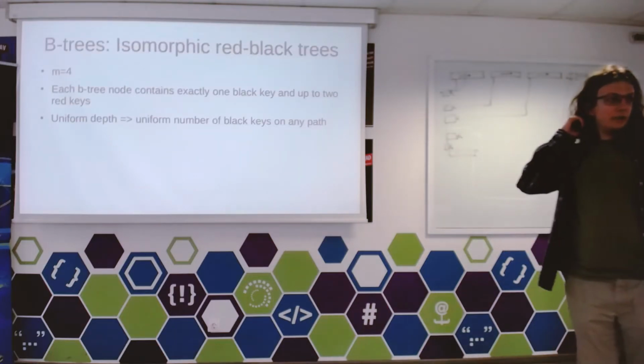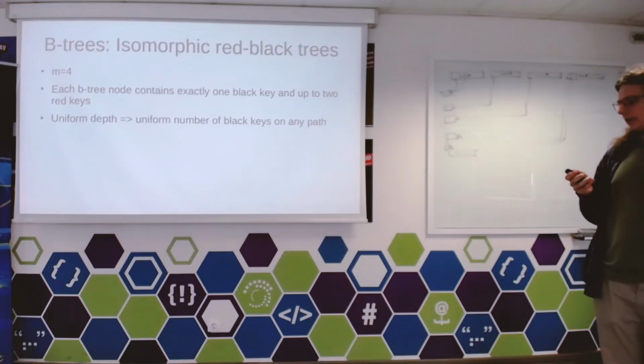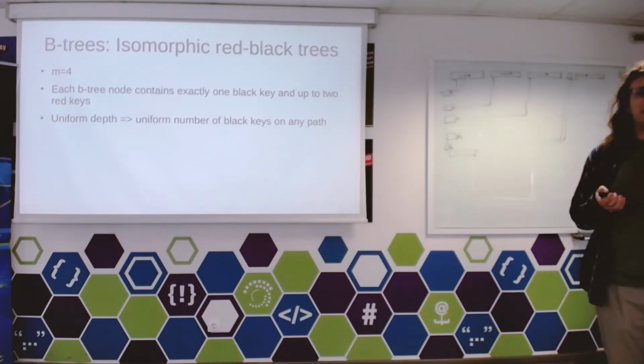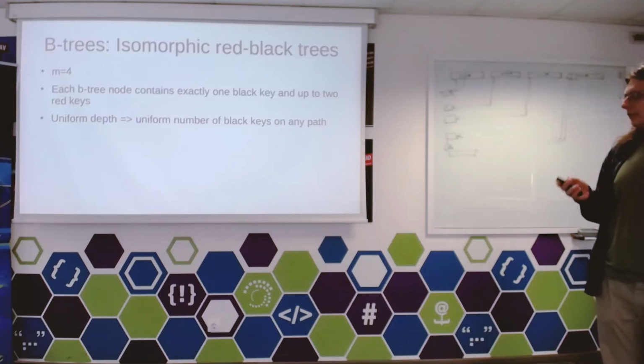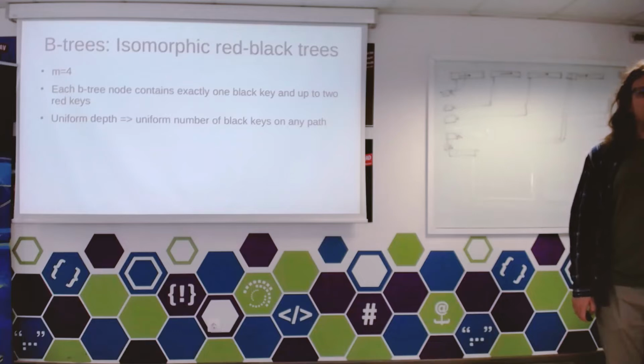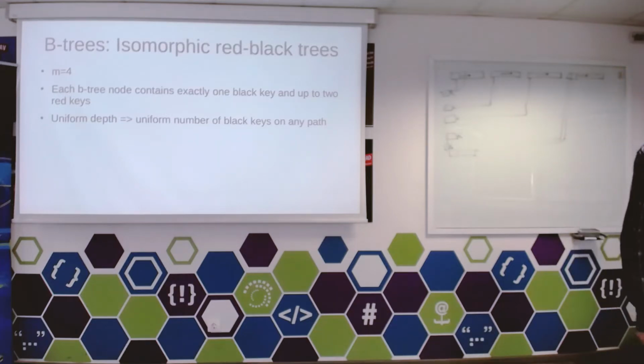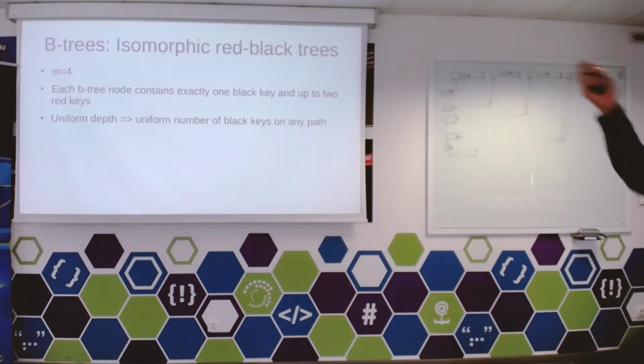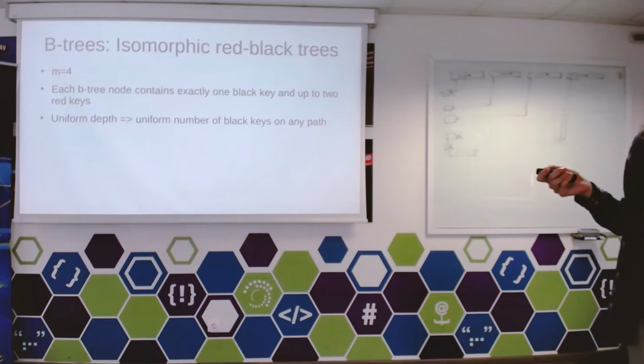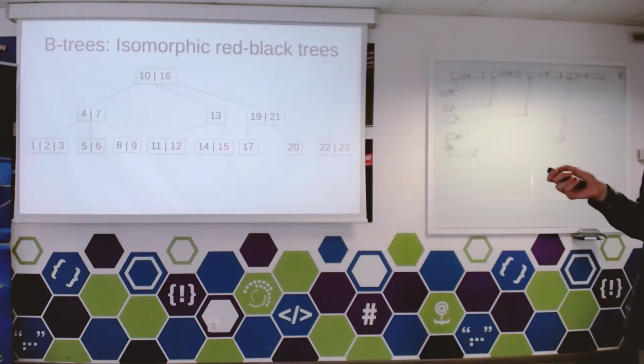An interesting property B-trees have is that in the case of n equals 4, that is up to 4 children or 3 keys per node, they are isomorphic to red-black trees. Do you know what isomorphism means? No. Well, there exists a one-to-one mapping between the two that preserves structure. So here's our B-tree as a red-black tree.